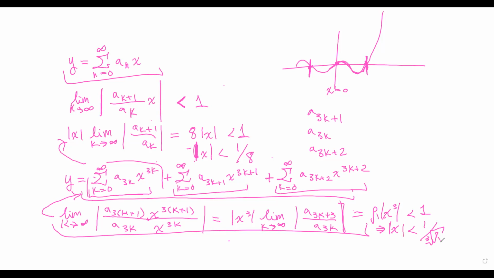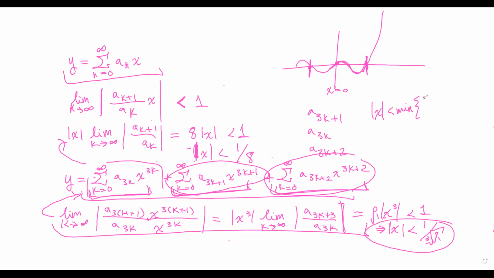And so you won't be able to just say concretely that this is your final radius of convergence, because you want to make sure that each of these individual series converge. So you would compute the radius of convergence for this series and for this series, and then you would get that x is bounded above by the minimum between the first radius of convergence, the second radius of convergence, and the third radius of convergence.